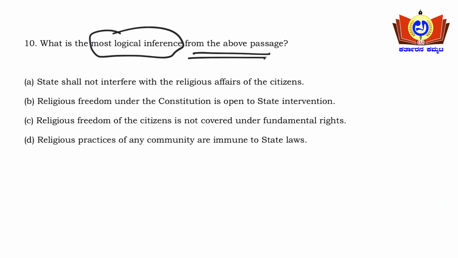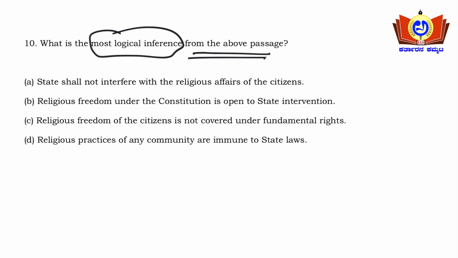See here, when you read the passage, my dear friends, the idea you will be getting is in the starting few lines of the passage, it is telling that the fundamental rights Article 25 proclaims that all persons are equally entitled to freedom of conscience and right freely to profess, practice and propagate religion here.